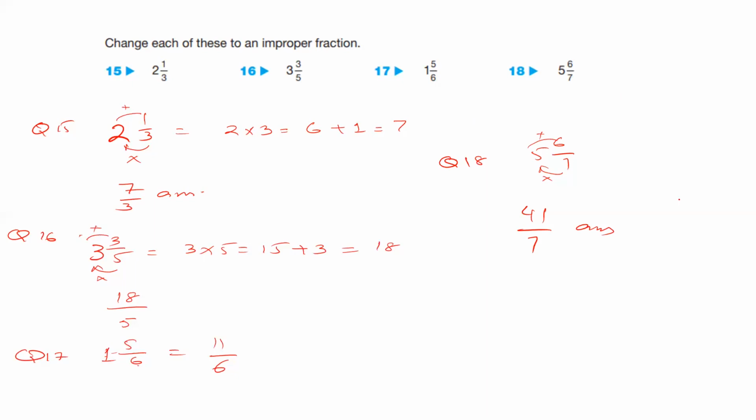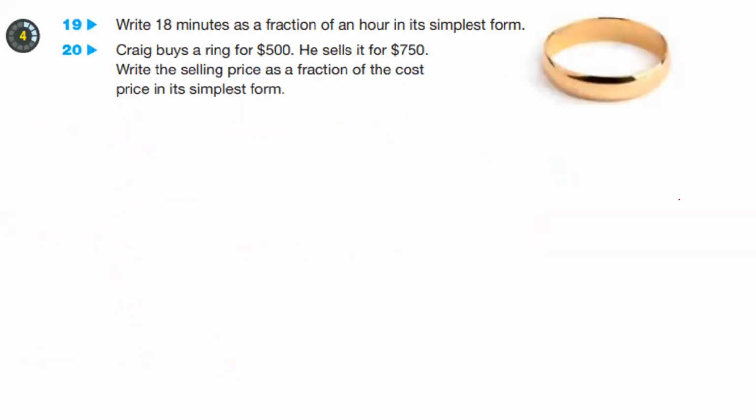Okay. Now, the last 2 questions of the exercise. I think these are the word problems. So we should do it very carefully. Question number 19 states, show 18 minutes as a fraction of an hour in its simplest form.